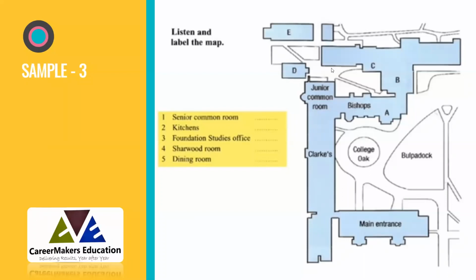So basically they started from the main entrance and then they went up in the direction, right? So I'm playing this recording again, and let's try to figure out the answers again.